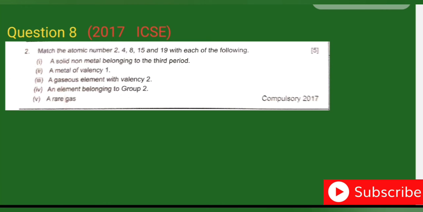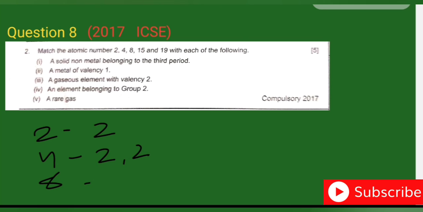Now the next question. Match the atomic numbers 2, 4, 8, 15 and 19 with each of the following. A solid non-metal belonging to the third period. So these are the atomic numbers. Now let us write the configurations. Atomic number 2, the configuration is 2. 4, the configuration is 2, 2.